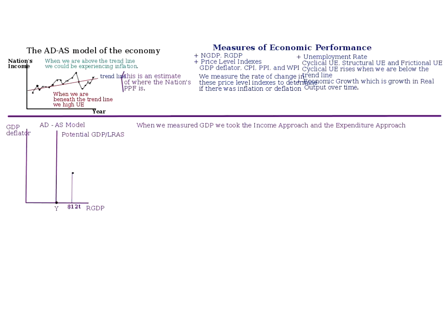Let's say it's $12 trillion, but it's not valued at a 0 price level. It's valued at a certain price level that is at this point on the vertical axis. Let's say that the price level there is 80. So we have 80 as our price level, and $12 trillion as our real GDP value.